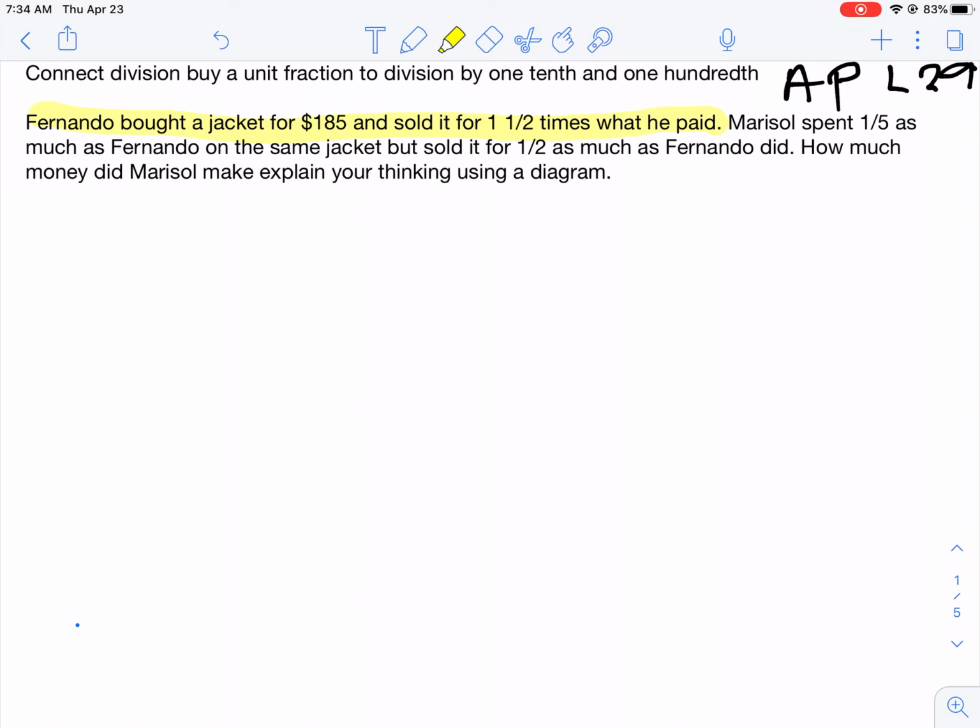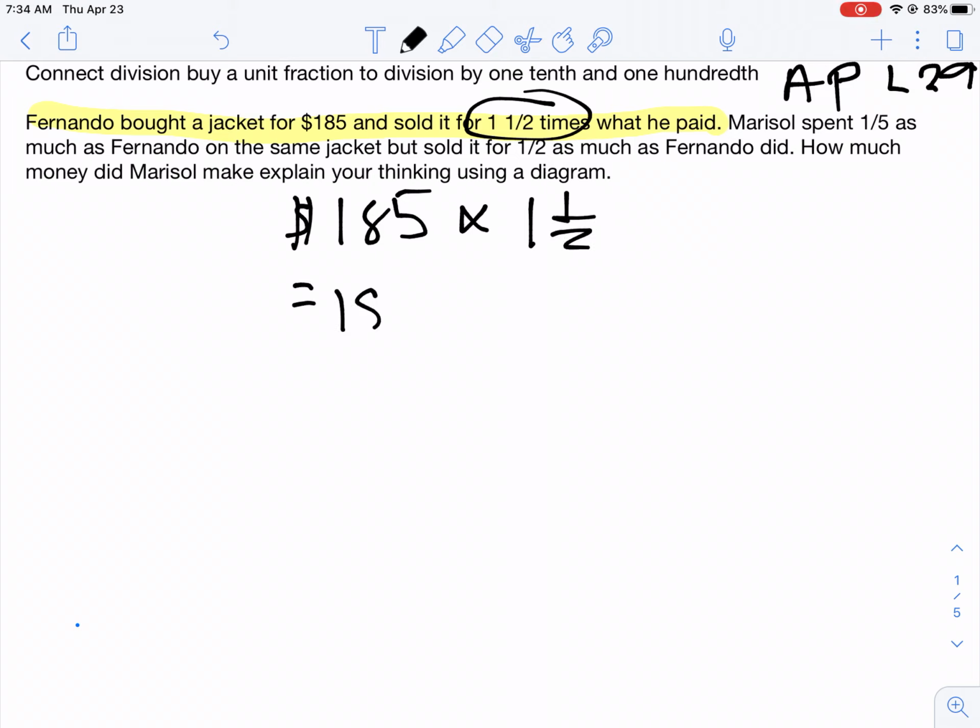So the first thing we need to do with this sentence is take $185 and find out what 1.5 times that is. Times 1 and 1/2, which is the same thing as $185 times 1 and 1/2 as an improper fraction, which is 3/2.